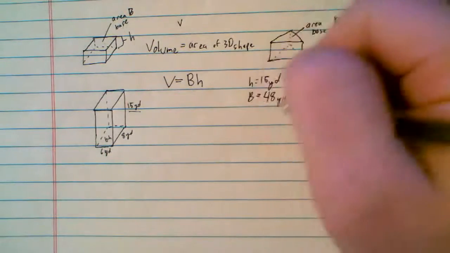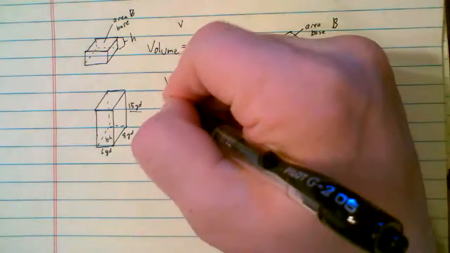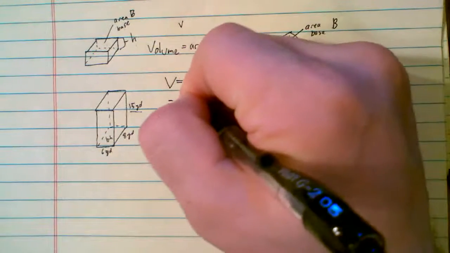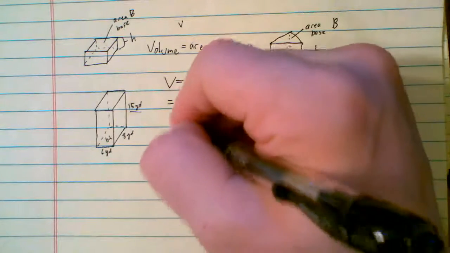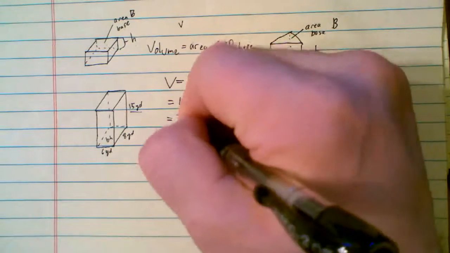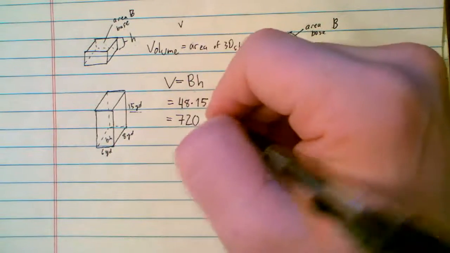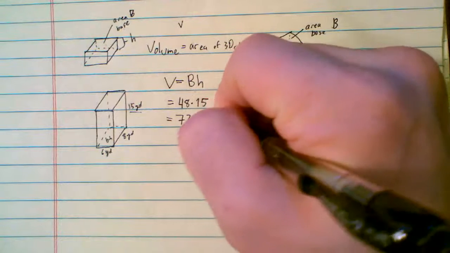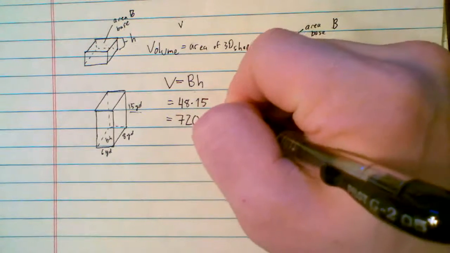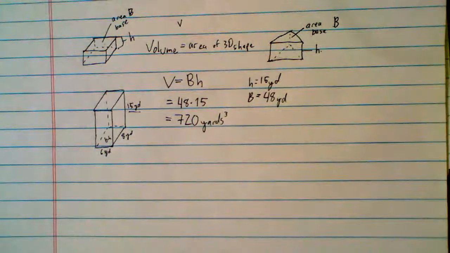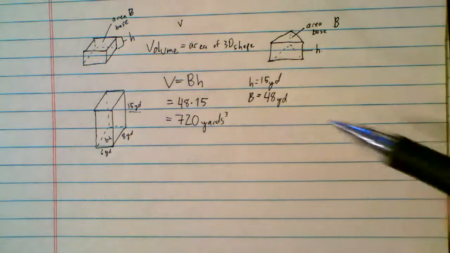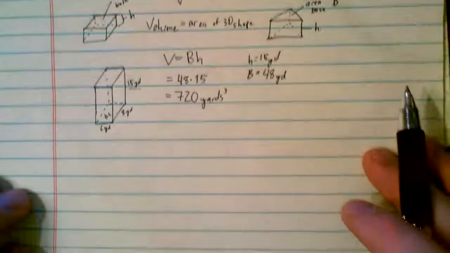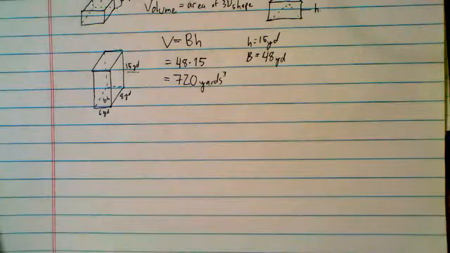So what we do is we take 48 times 15, and we get 720 yards. And it's cubed. So when we're talking about the volume of the three-dimensional shape, it's cubed, which is that little 3 up there. So that's the volume of a rectangular prism.